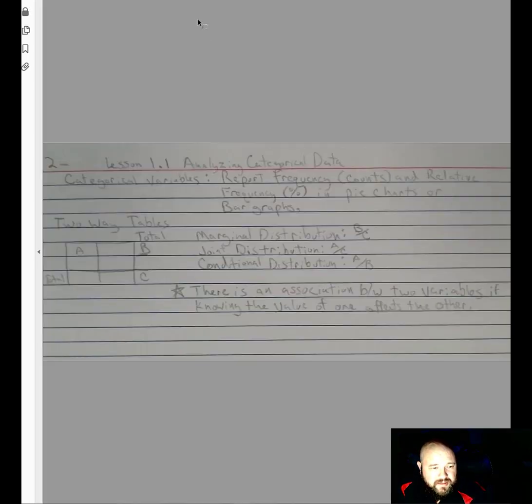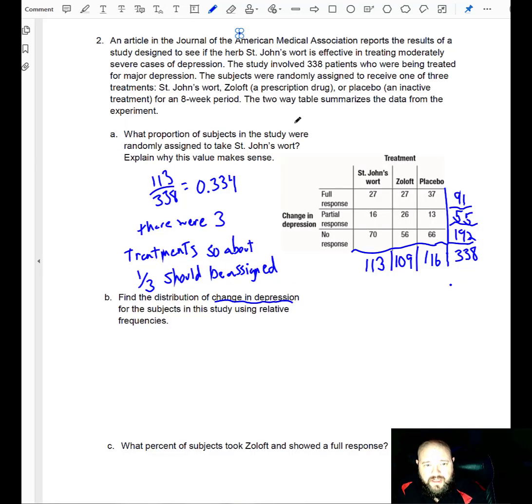Because like in our big ideas, that would be our marginal distribution. So you will see problems where they ask, what is the marginal distribution for such and such? If you're asked for marginal distribution, you're simply taking your row totals over the overall total. So in this case, I'm just going to say the full response is 91 over 338.